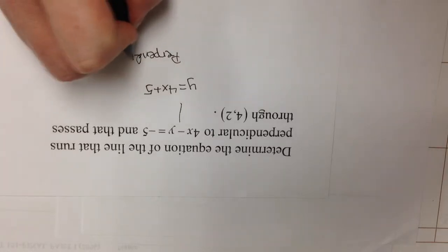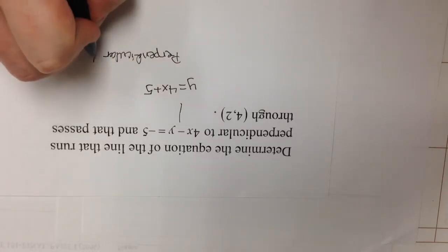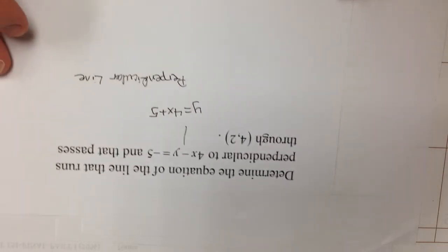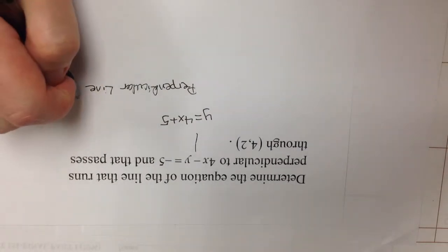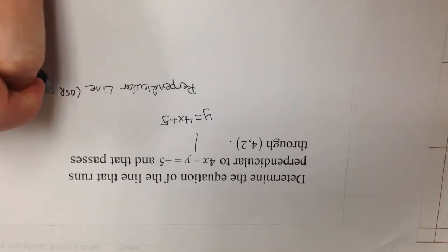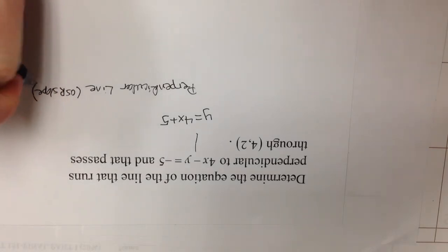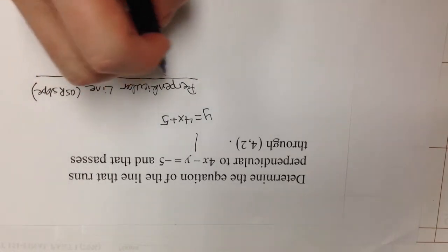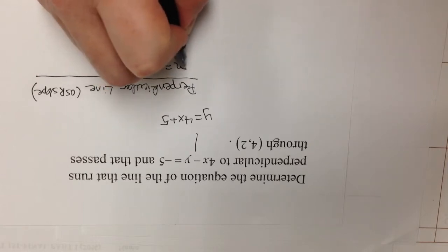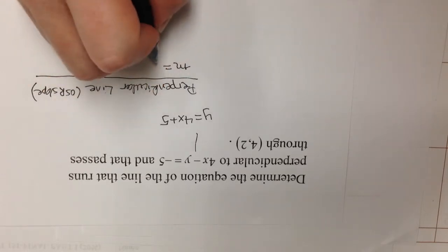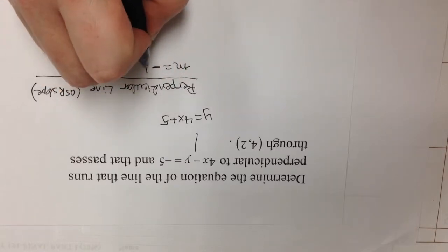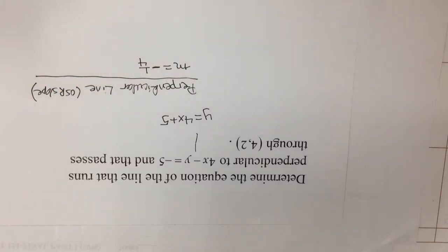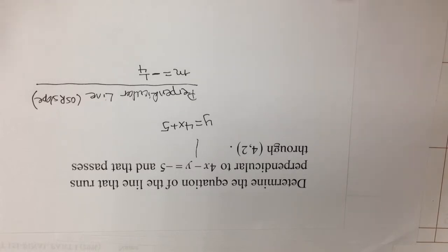Now for the perpendicular line, a perpendicular line will have an opposite sign reciprocal slope. So for our first line, the slope was 4, and for the perpendicular line, the opposite sign of positive 4 is going to be a negative. The reciprocal of 4 is going to be negative 1/4. So the slope of the perpendicular line is going to be negative 1/4.